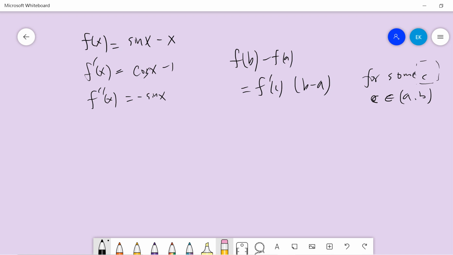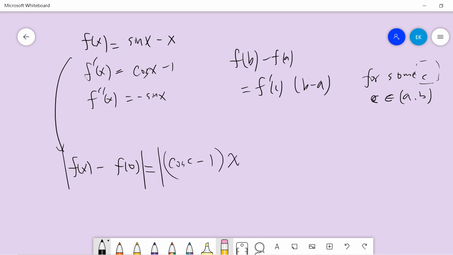So f of x minus f of 0 is some cosine c minus 1 times x. You can take the absolute value on both sides, and that is smaller than the absolute value of cosine c minus 1 times x.